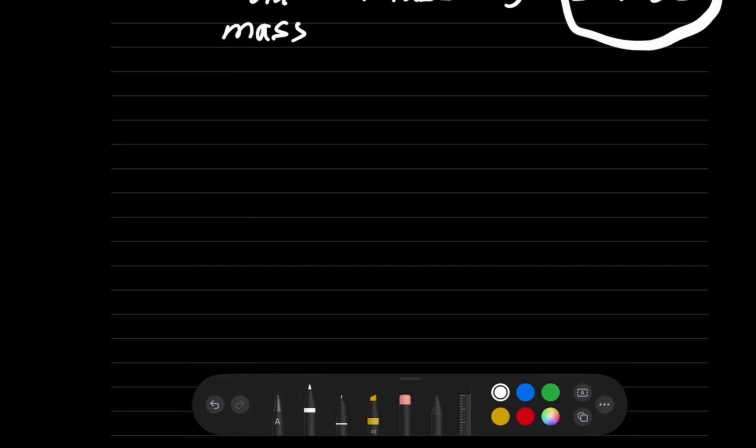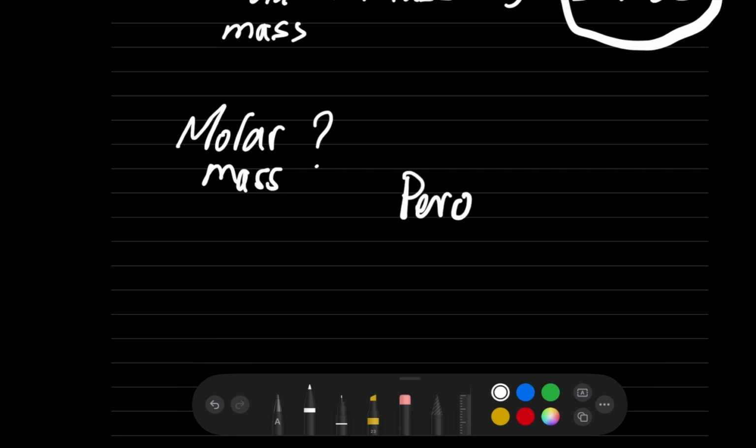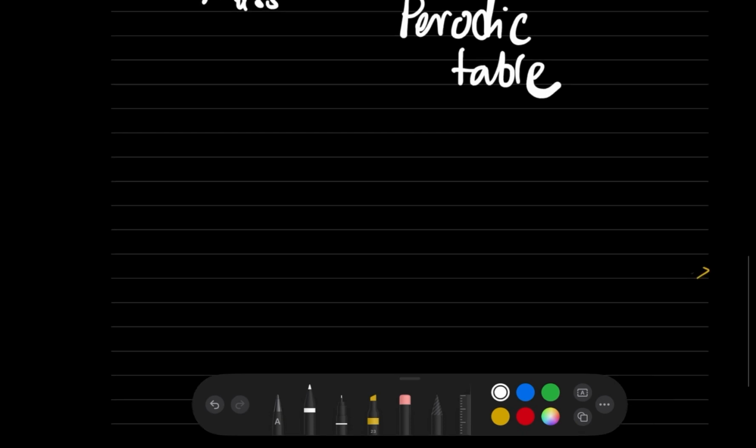Where do we get the molar mass from, or how can I calculate it? First of all, you have to keep in mind that the periodic table contains a lot of information. Let's take the information of the hydrogen atom.